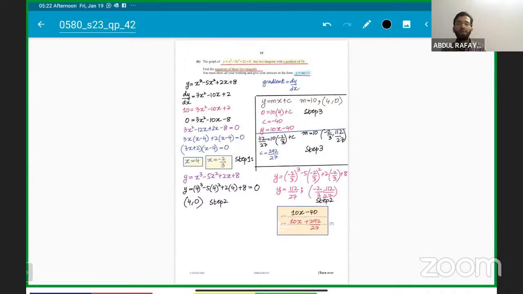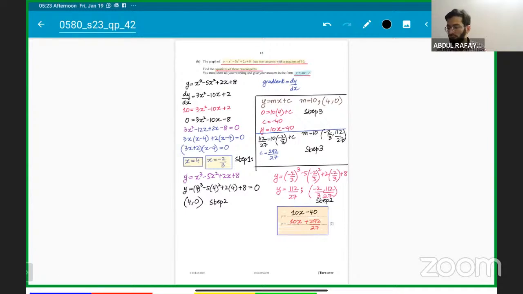Once you have the x and y values, you have the coordinates and the gradient, and you know from coordinate geometry how to find the equation. Equation of a tangent is the same thing: y = mx + c, where you first have to find the c value, the y-intercept. I found the c value in both cases and then just put in the equation, because the gradient, we know, is already 10.